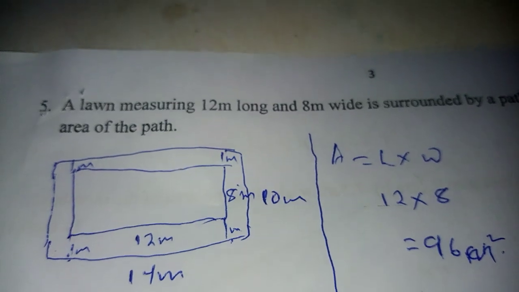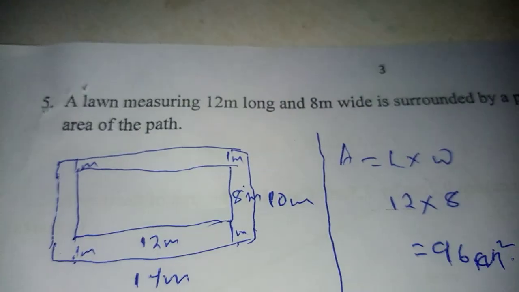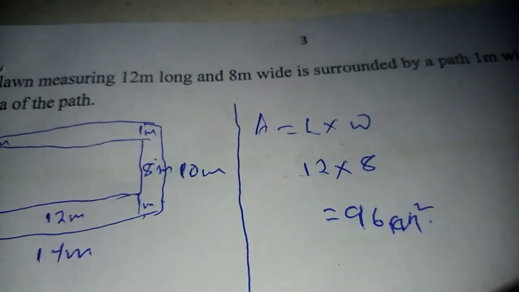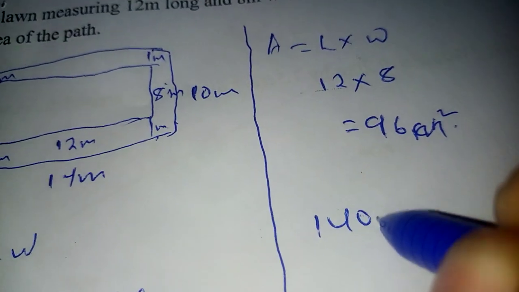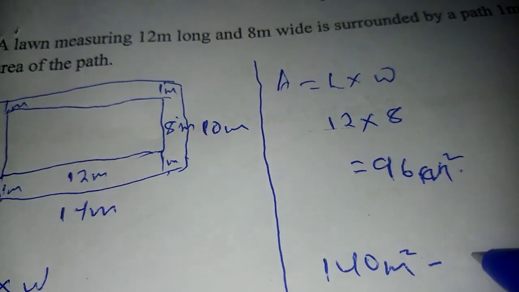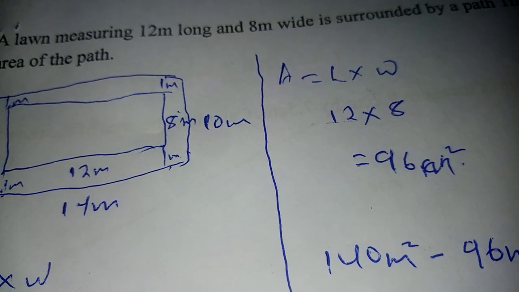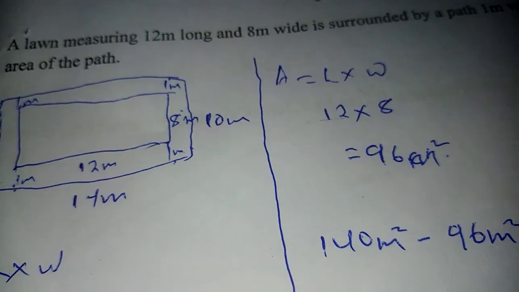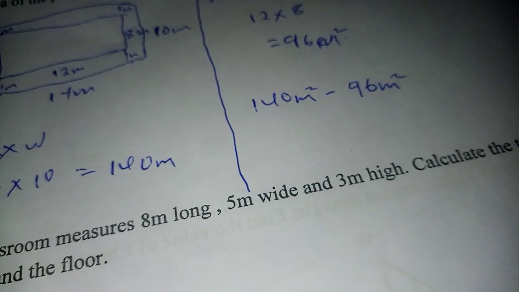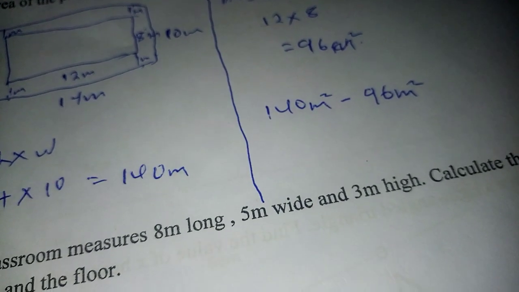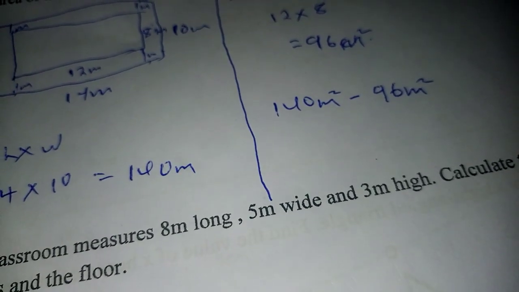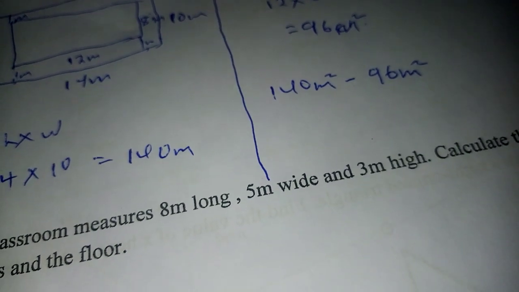Then we subtract the difference. So it is 140 meters squared minus 96 meters squared. Let me have it here: 140 minus 96.